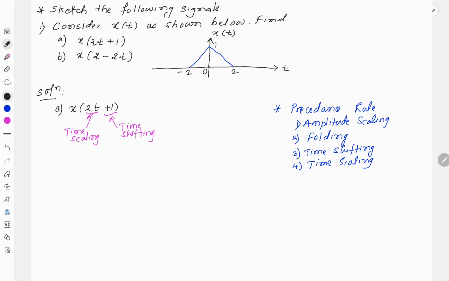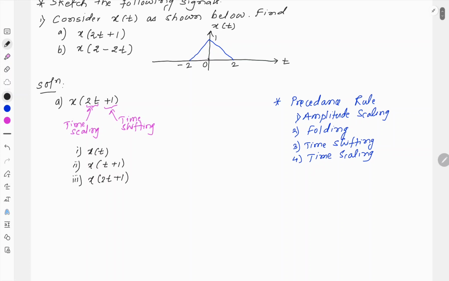From x of t, this will be our original signal. Second, I need to draw x of t plus 1, which is the time shifted version. And third, I need to draw x of 2t plus 1. So let us do the operations in this sequence.